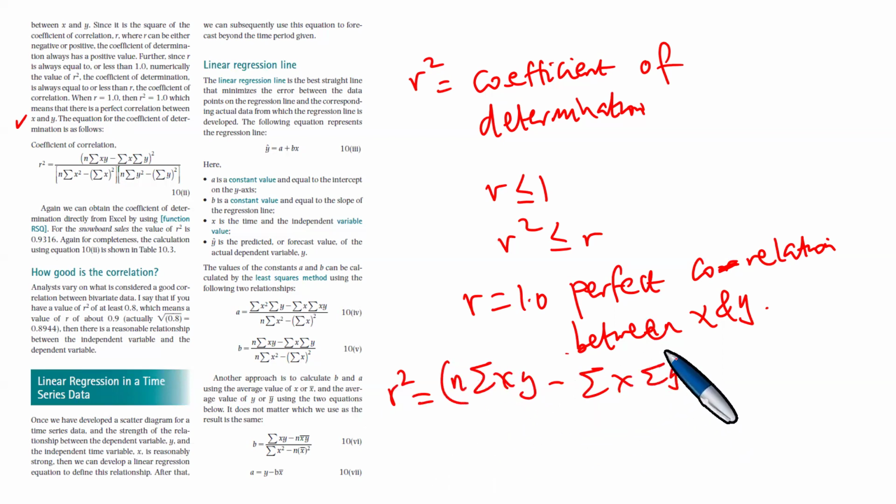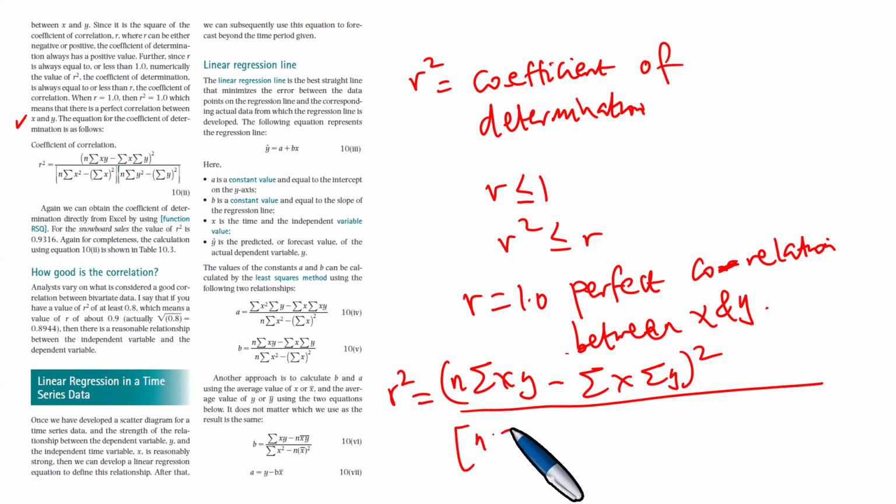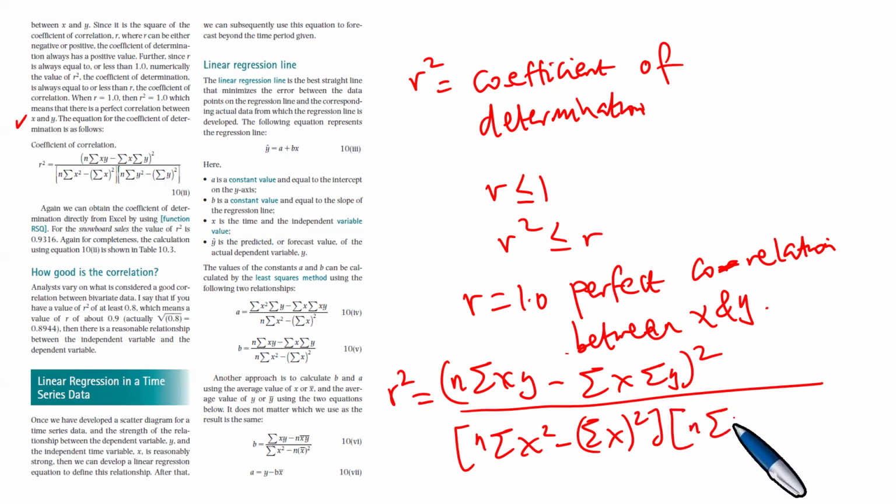We square this, that is, we square the coefficient of correlation, and we get the coefficient of determination. Very importantly, we remove the square roots. You square this one, and the sum of y squared and the summation of y, like so.